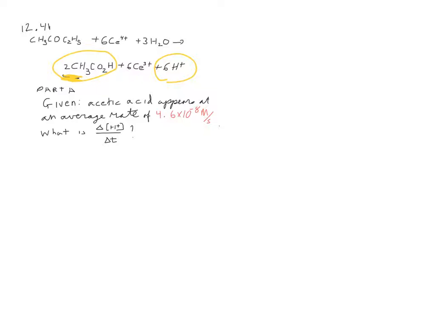So 4.6 times 10 to the negative 8th molar of our acetic acid times 2 moles of acetic acid, where they'll cancel out, times 6 moles of the hydrogen ion.